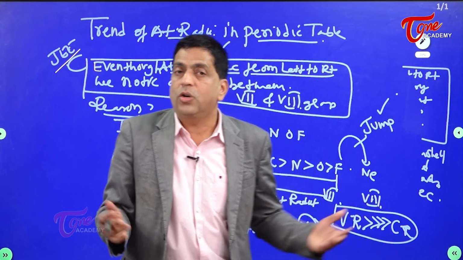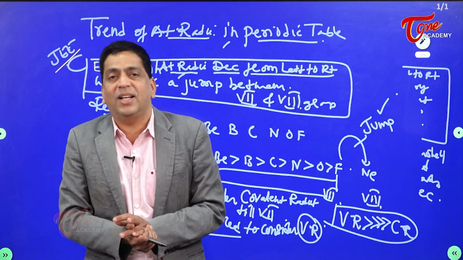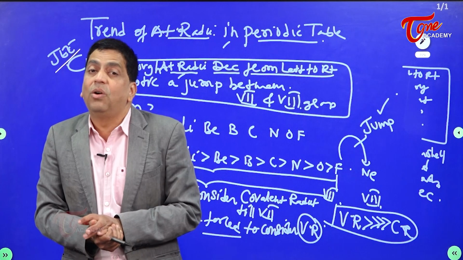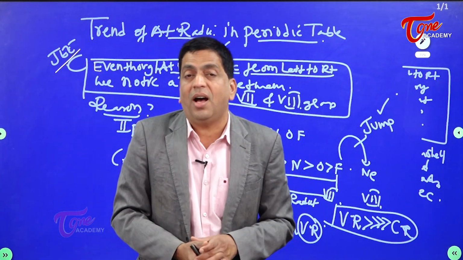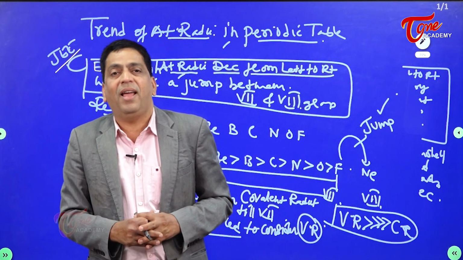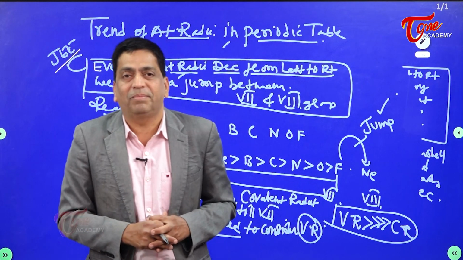So naturally, till the 17th group we consider covalent radius, whereas for the 8th group, where the inert gases are, they don't participate in bonding, and thereby we consider van der Waals radius for them. You must understand that.